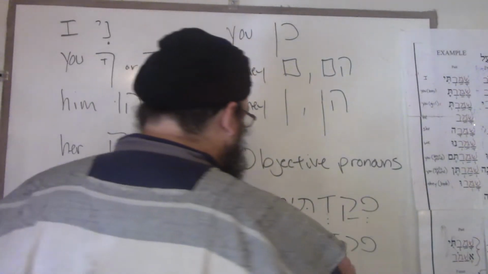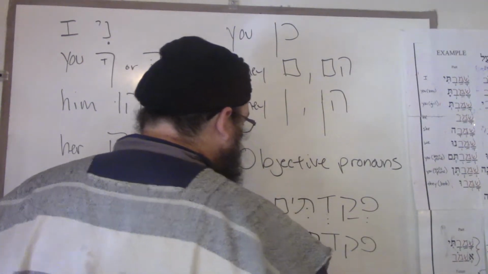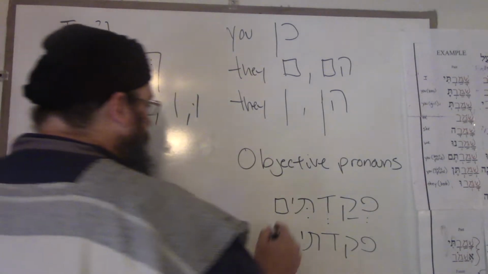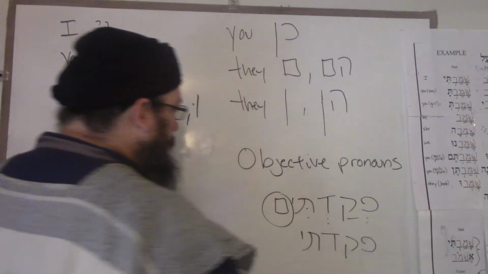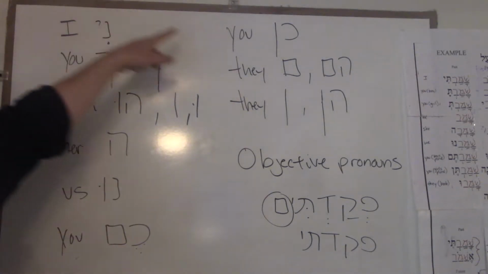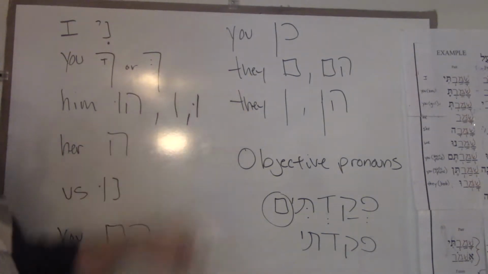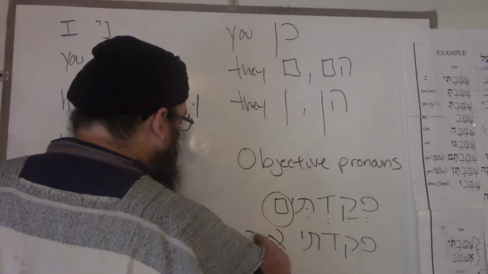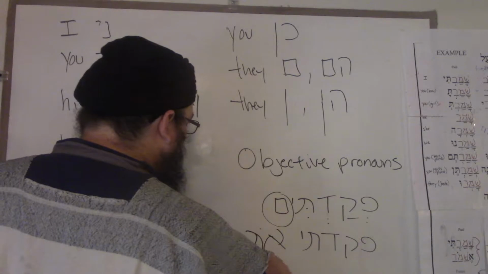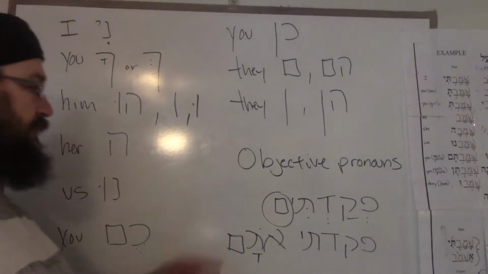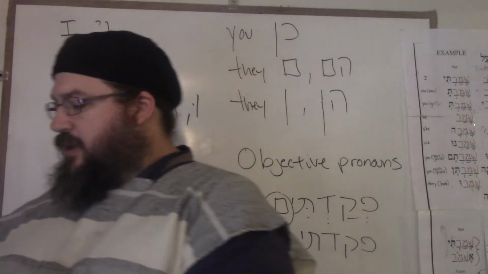T, we know that if you put a T at the end, that's I in the past tense. So what do we have left? We have the mem, which, if we go through all of these, we're going to say, that's they, okay? So this should have been written actually like this: otam. Pakarati otam. That's correct. That's exactly how we should have written it if it was to be written correctly and according to grammar.